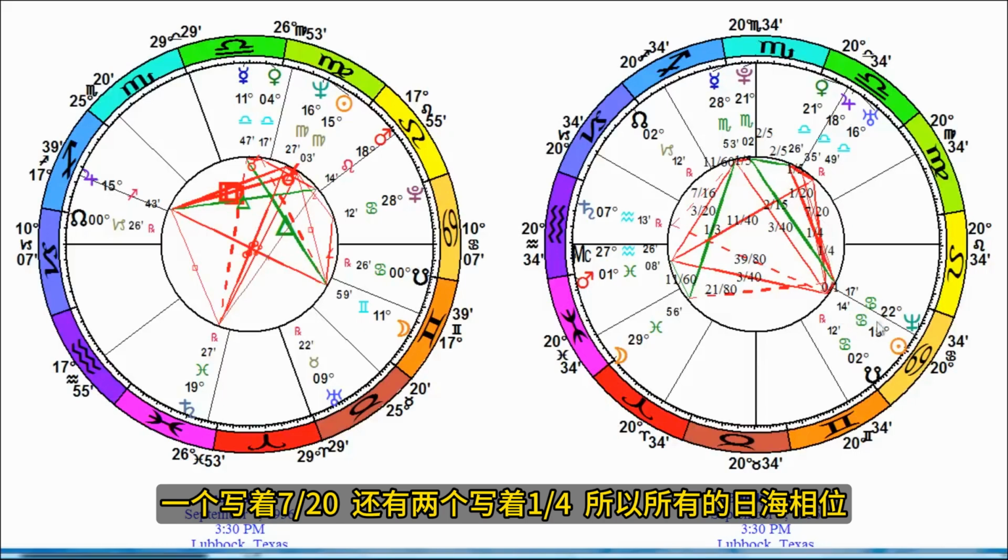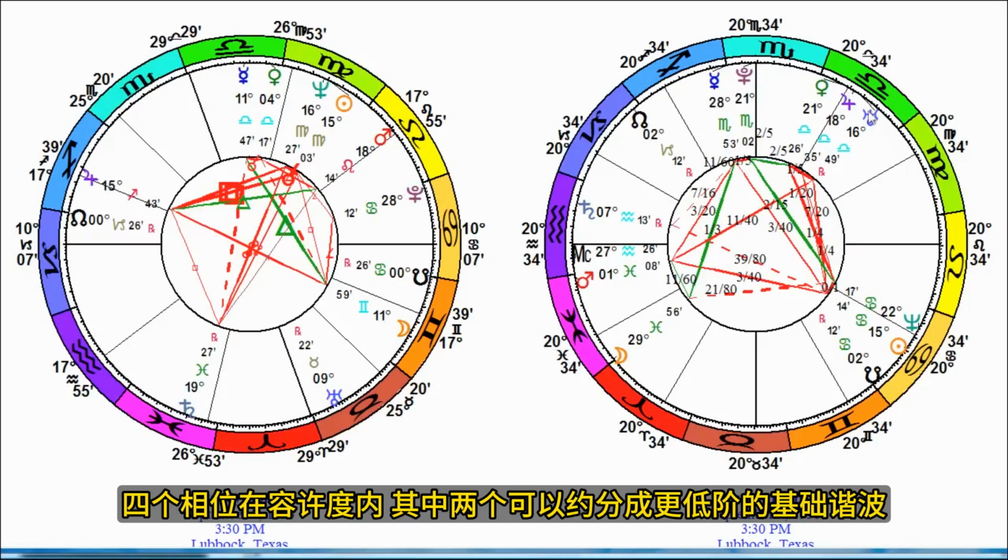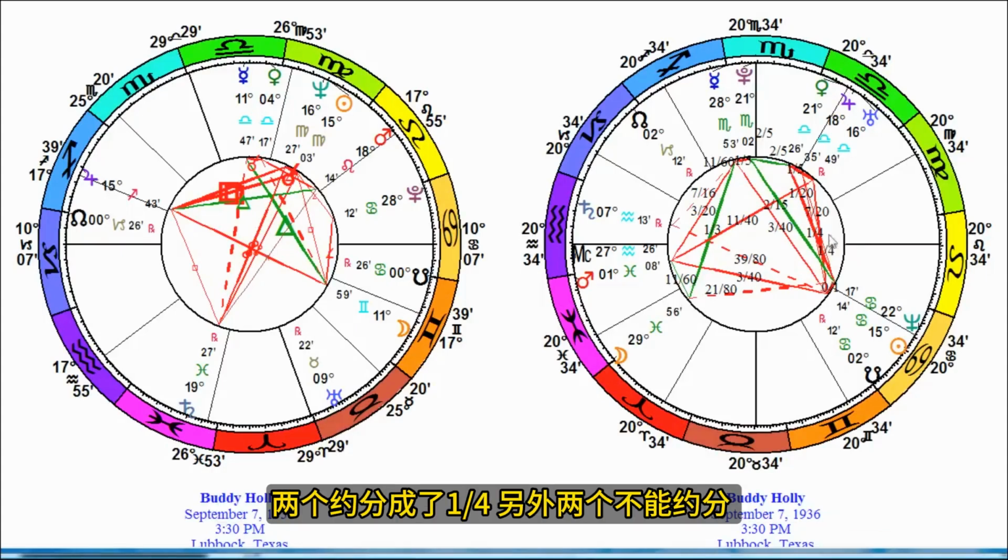Of all these aspects between Sun and Neptune, square to Venus, Jupiter, Uranus, 4 are within orb. 2 are reducing to lower aspects: 2 are reducing to 1/4, and 2 are not.